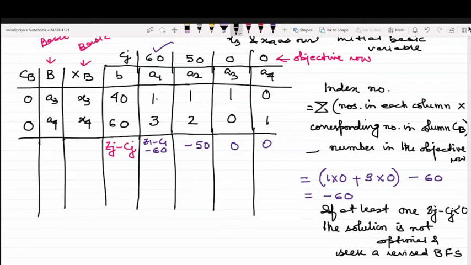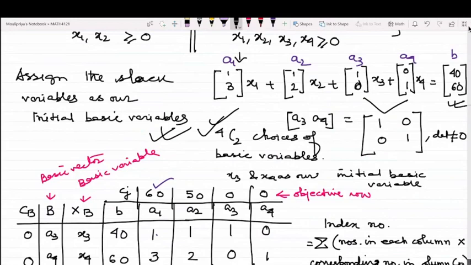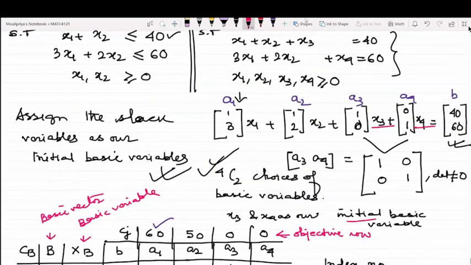Furthermore, I should tell you one more thing. X3 and X4 correspond to the initial basic variables. As I told you, we are considering X3 and X4 to be the initial basic variables. This is what we assumed at the very beginning.